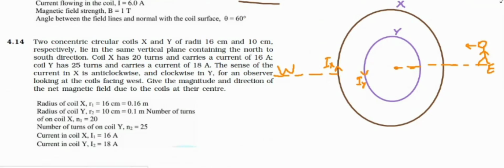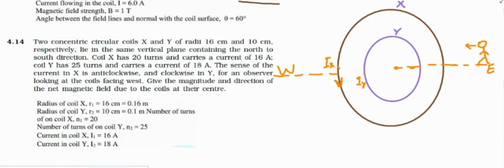So magnetic field due to coil X. Okay, the sense of the current in X is anti-clockwise.